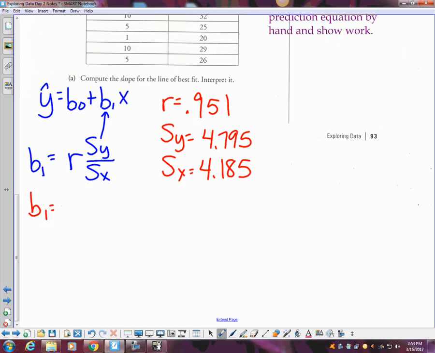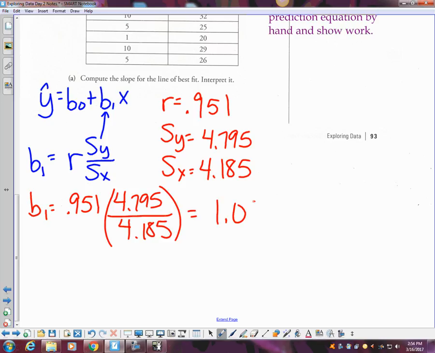So B sub 1, always show the formula first. Plug it in. Type that straight into my calculator. Again, going 3 decimal places. On this one, I'm going 4 because the first decimal place is a 0, and y'all know how I feel about that. Okay, so I have computed the slope, but then it says interpret it.